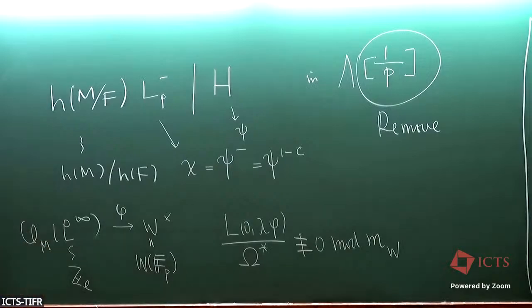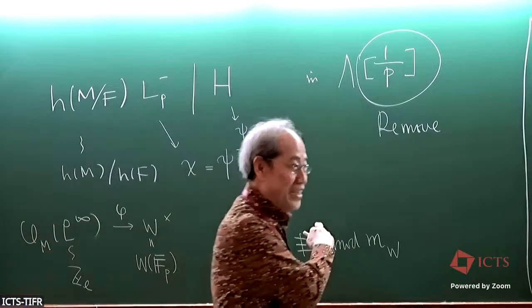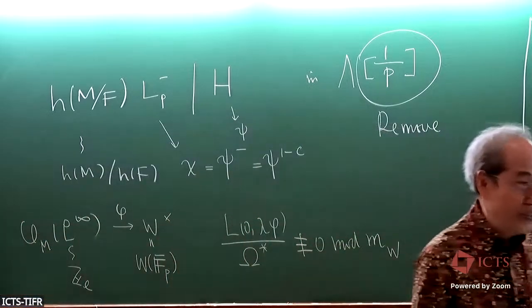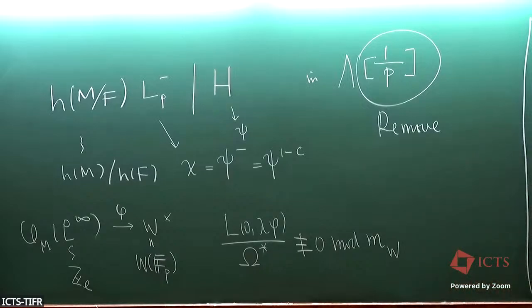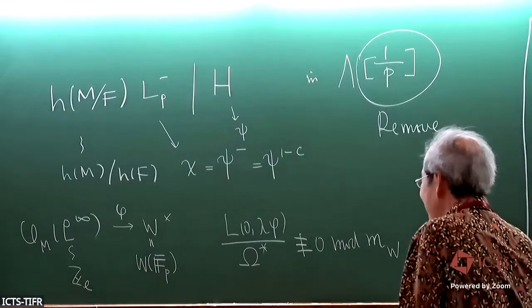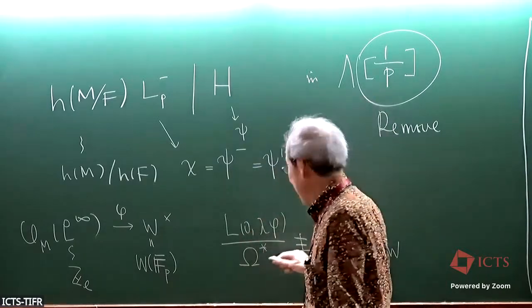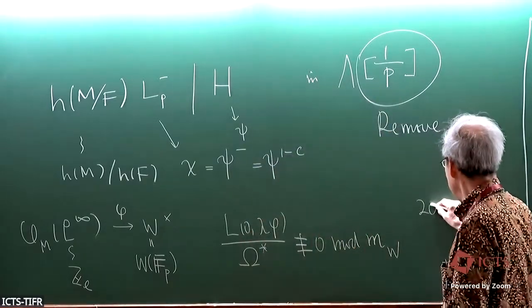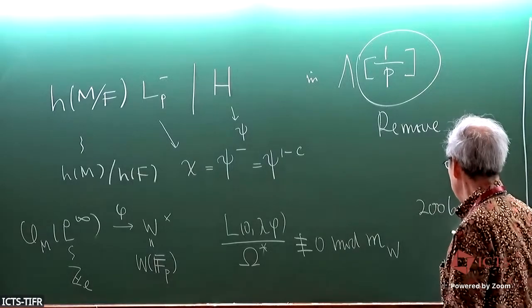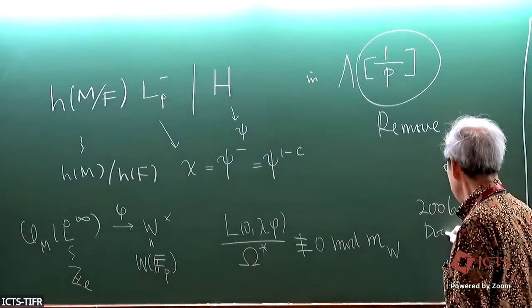I don't define Zariski density for this case, but for these characters it is non-zero modulo the maximal ideal. And I used this fact in my 2006 paper, Documenta Math.